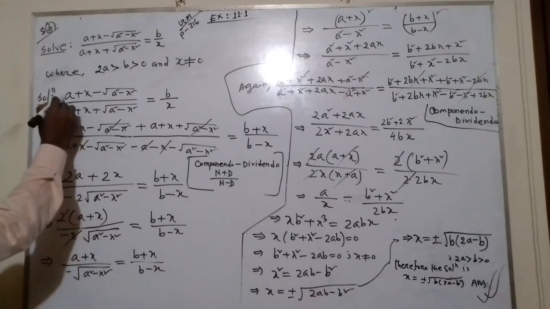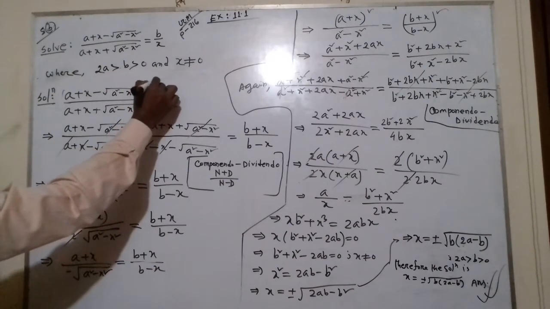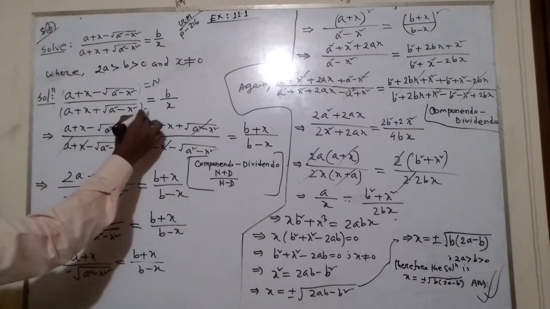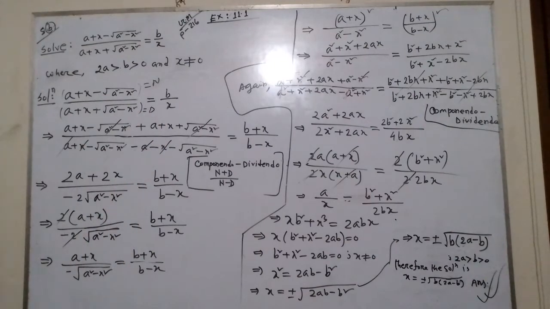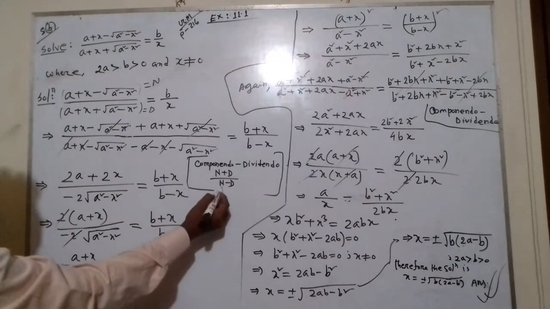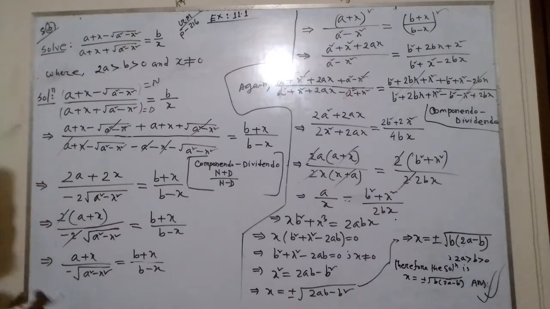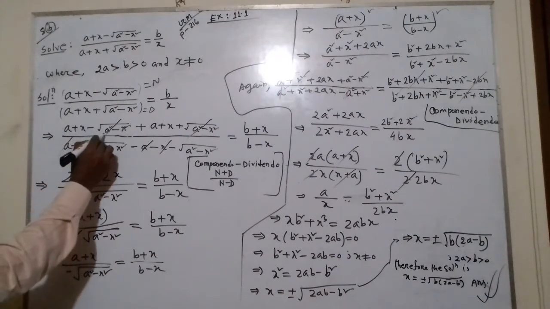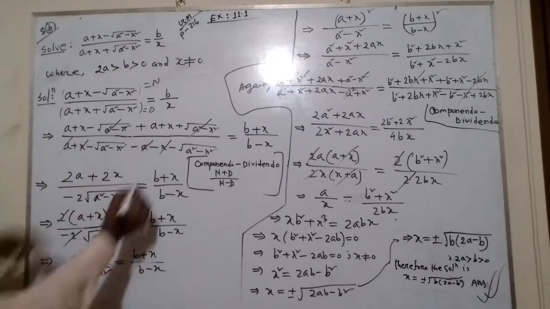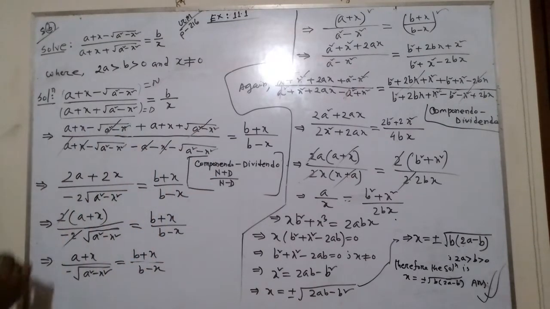Look here, a plus x minus root over a square minus x square is the numerator, and a plus x plus root over a square minus x square is the denominator. The law of componendo and dividendo is numerator plus denominator divided by numerator minus denominator on both sides of this equation. So a plus x minus root over a square minus x square, this is the numerator, plus a plus x plus root over a square minus x square, this is the denominator.